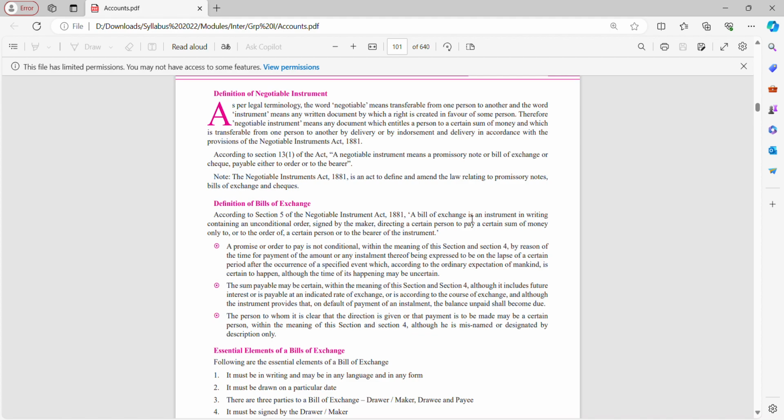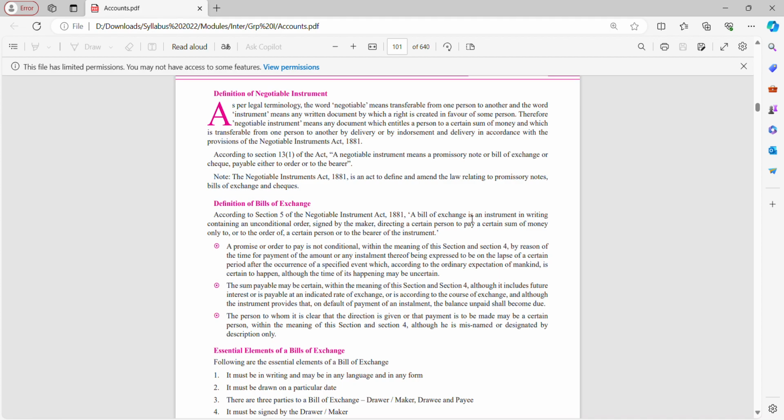He will sign, I will sign, with stamp, dates, and so on. That is a legal document, and it is known as a bill of exchange. So a bill of exchange comes into picture when you have credit sales. If you have cash sales, it will not come into picture.